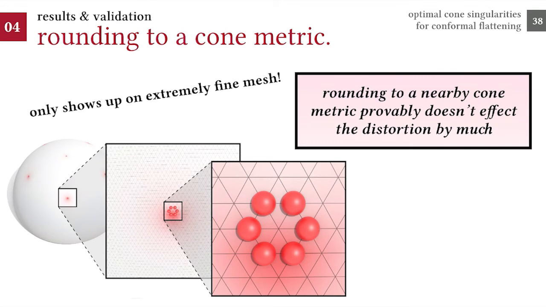Now, of course, we can go the other direction, and using techniques from optimal transport, we can prove that rounding to a nearby cone metric doesn't change the distortion by much. This only shows up in practice on extremely fine models. For example, we needed to refine this hemisphere to have several 100,000 vertices to actually see that the solution wasn't just supported on a single vertex.